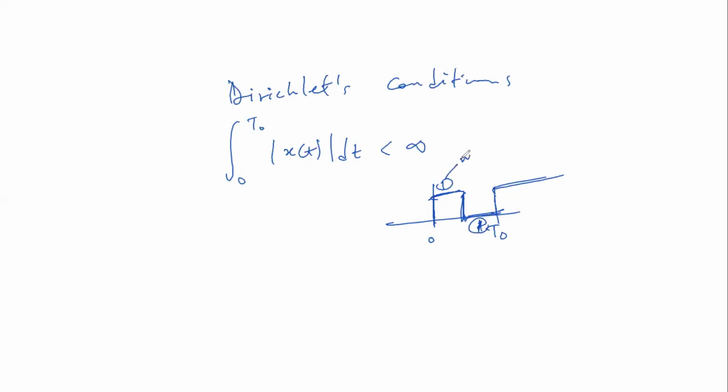So 1 maxima, 1 minima, right? So those are the 3 conditions which are necessary, but not sufficient, okay? But they are necessary for the periodic signal to have a Fourier series.